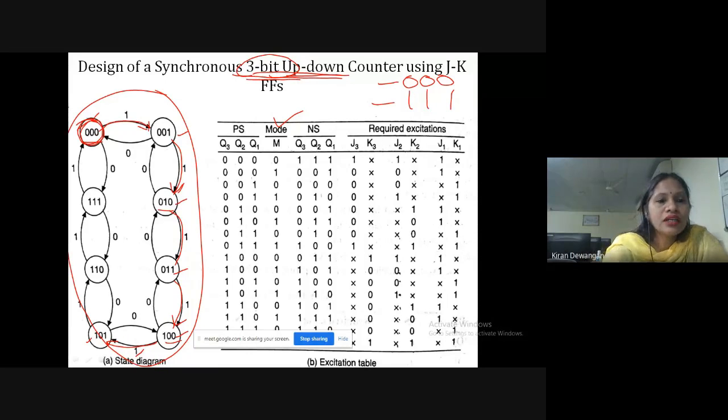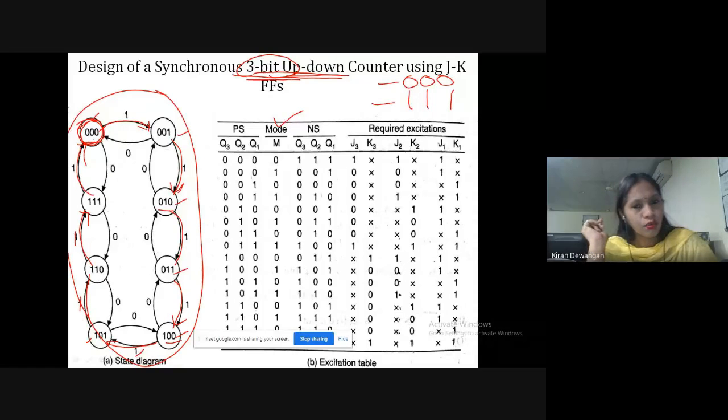So here 0, 0, 0 to 0, 0, 1 and then it goes on completely with mode 1 to the next states. From 1, 0, 1 to 1, 1, 0, then 1, 1, 1 and again it goes to 0, 0, 0. So this will be the overall counting, that is up counting when mode is given 1.